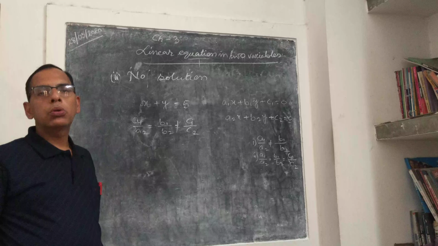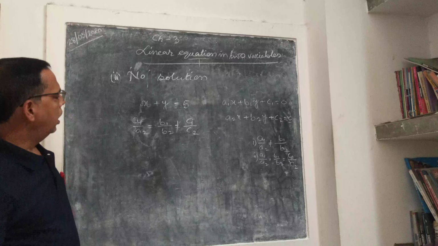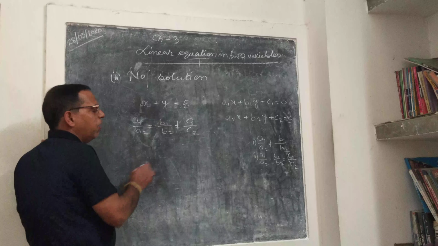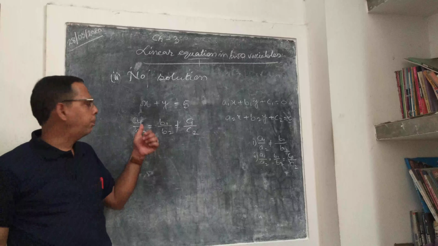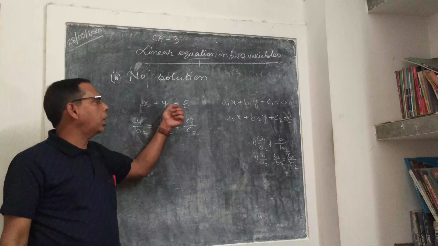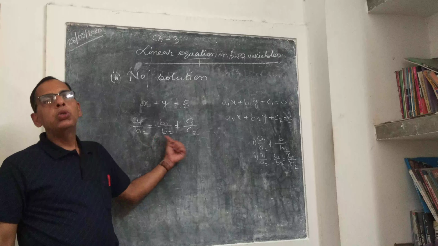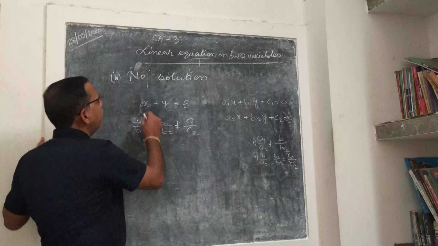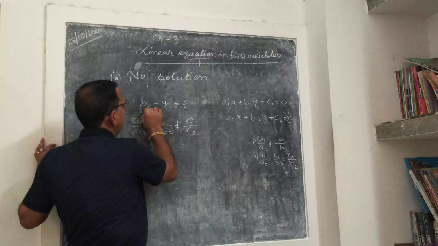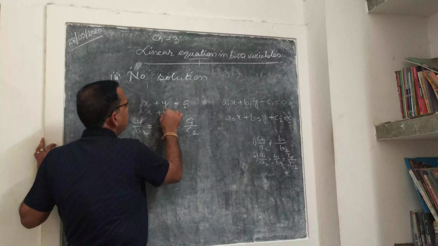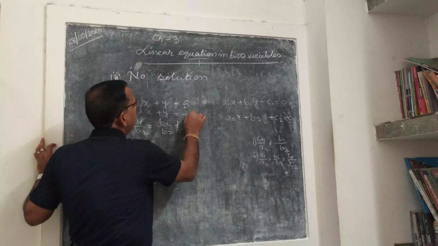Now, for no solution, like last time, if I say x plus y equal to 5, make another equation which will give you no solution, what will it be? Just check: x plus y equal to minus 10.